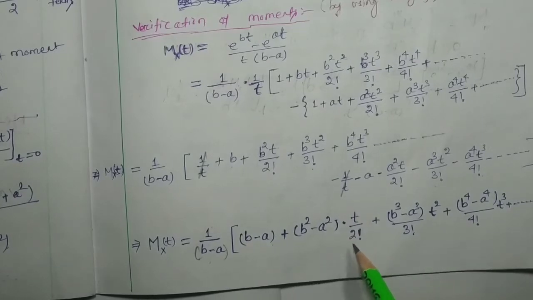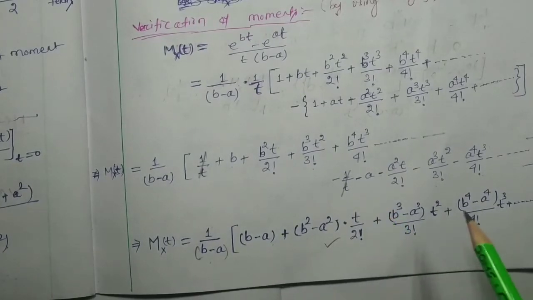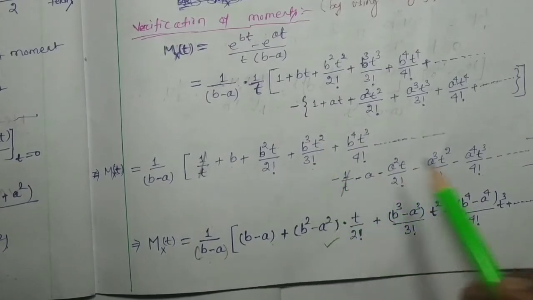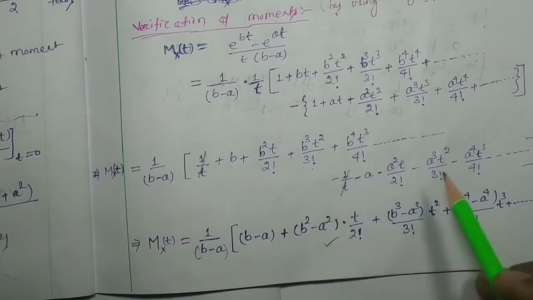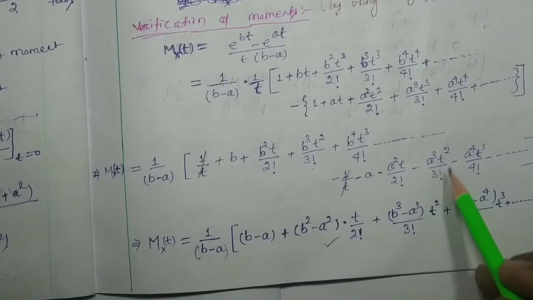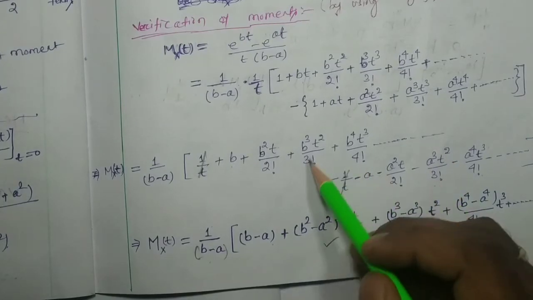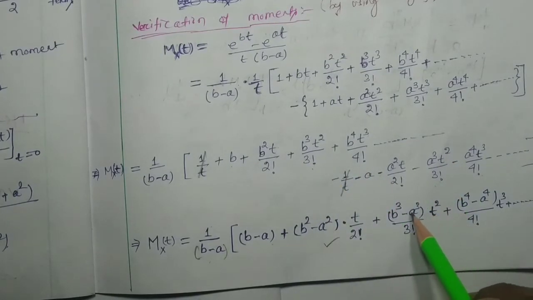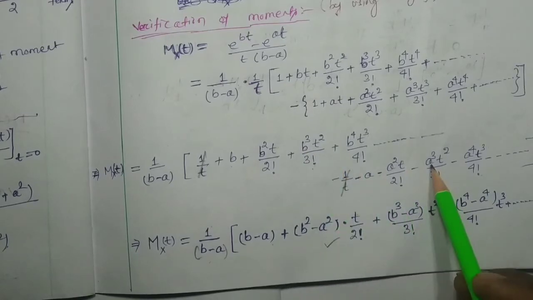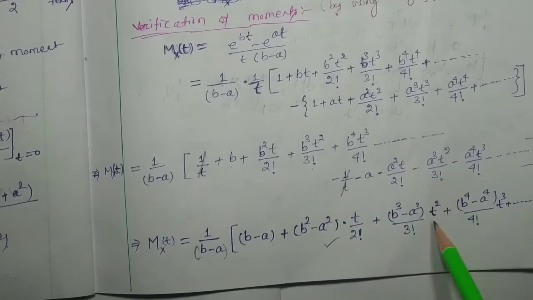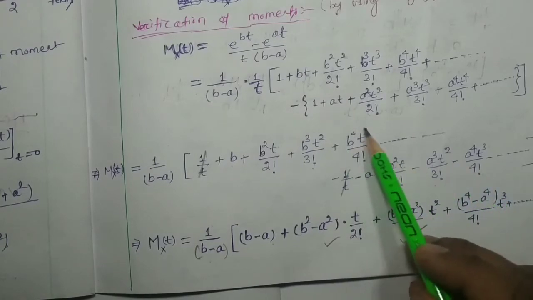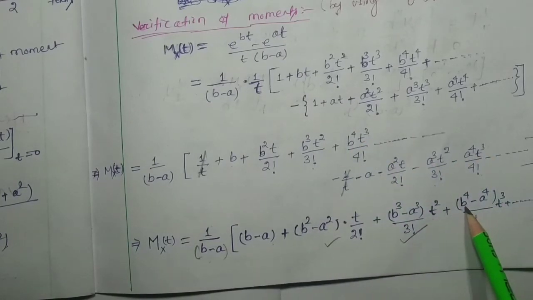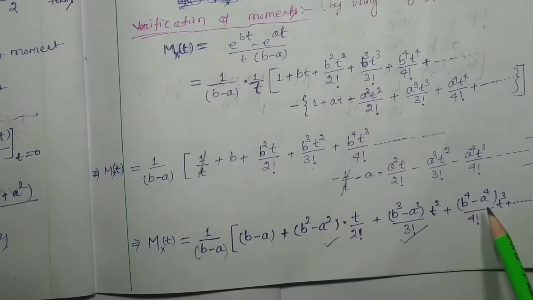Okay, here you can see that t square by 3 factorial is there. This is b cube t square by 3 factorial. This is minus a cube t square by 3 factorial. So we can write b cube minus a cube by 3 factorial into t square. Okay, and likewise by considering these two terms, we can write b to the 4 minus a to the 4 by 4 factorial into t cube, right, and so on.